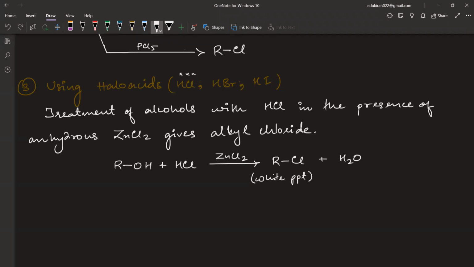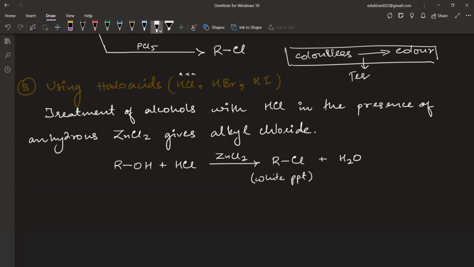So when you are moving from colorless to color, that means this type of reaction in which there is a certain change that you can see, or you can smell something, right? These types of changes are used as a test for these colorless compounds.